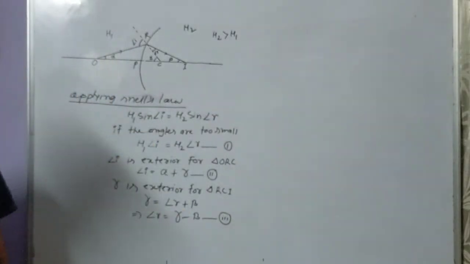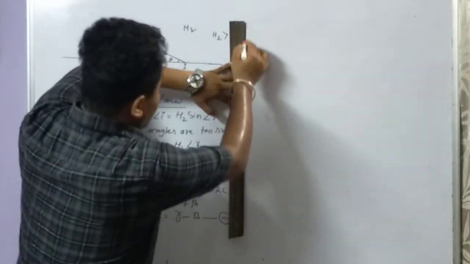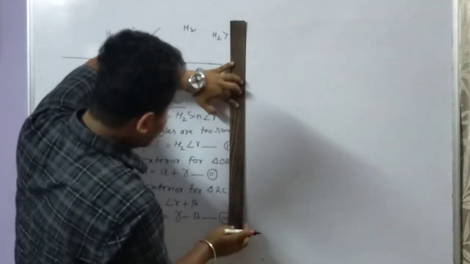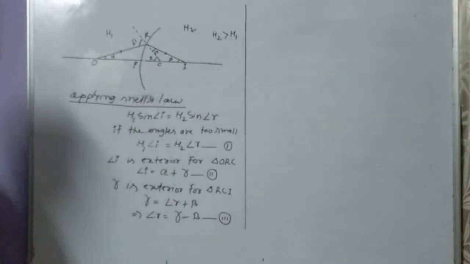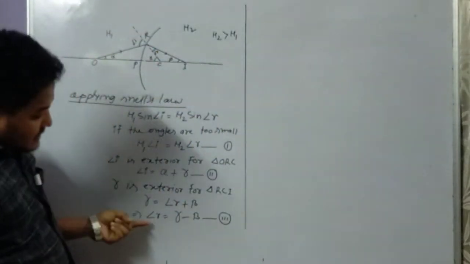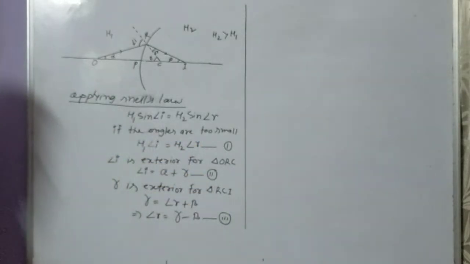Okay, very simple things. Now, in order to finish this derivation, this is number 1 equation, this is number 2, this is number 3 equation.